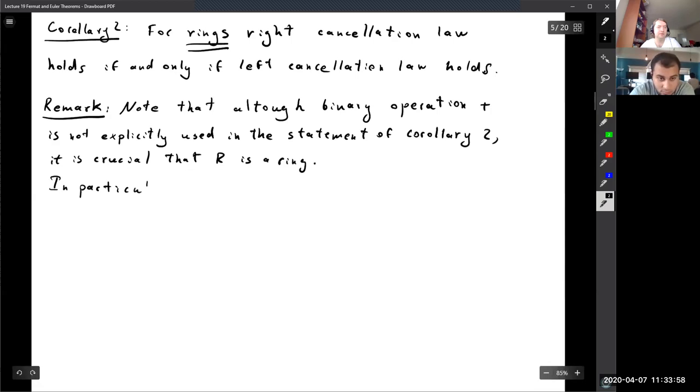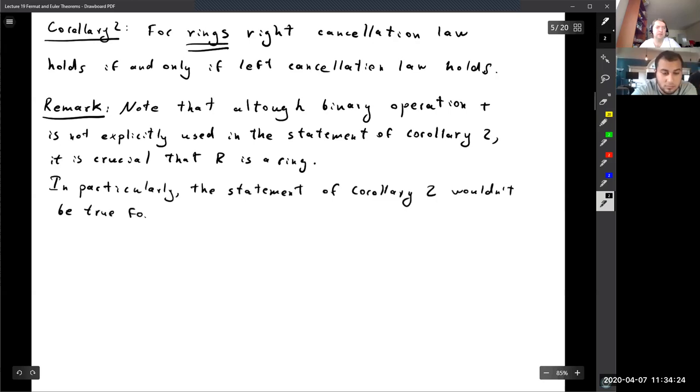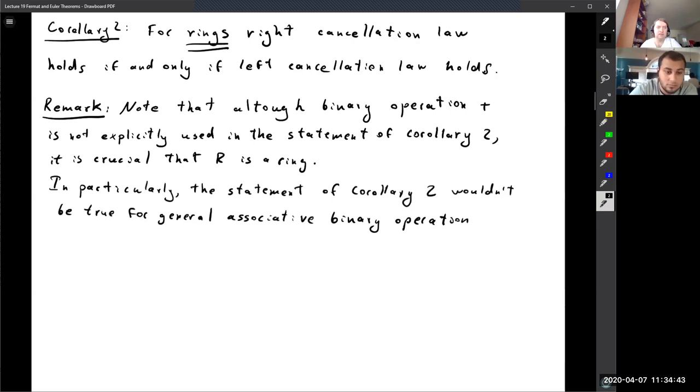Particularly, the statement of corollary 2 wouldn't be true for a general associative binary operation star from S cross S to S. And let me just give a counterexample.